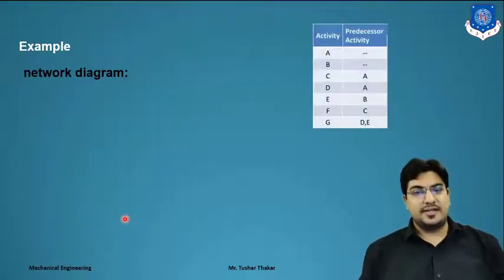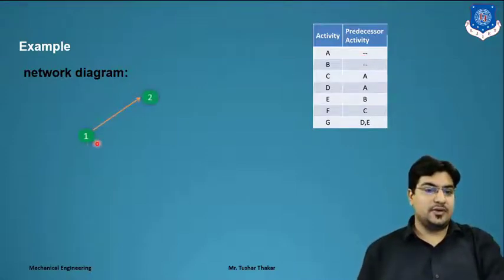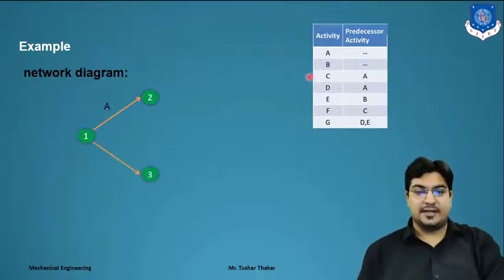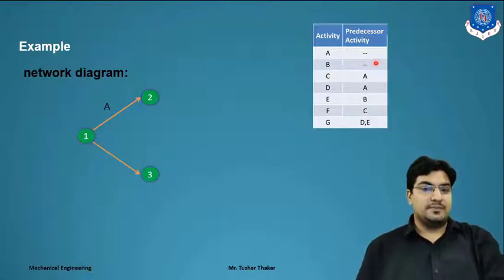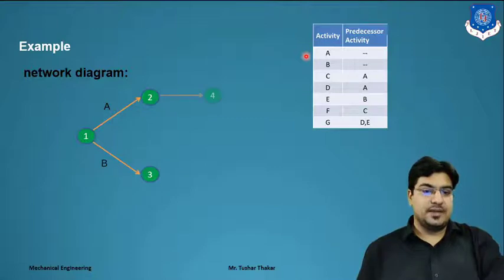So here the activities are given. For activities A and B, there is no predecessor activity, right? So now we first draw 1 to 2, where activity A is indicated, and from 1 to 3 we indicate activity B, because there isn't any predecessor activity. Clear?